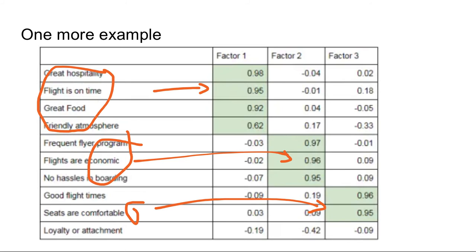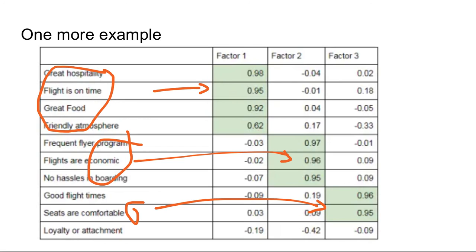And then we can explain it as: factor 1 means the feeling after onboarding. Factor 2 might be the booking experience for the customers.